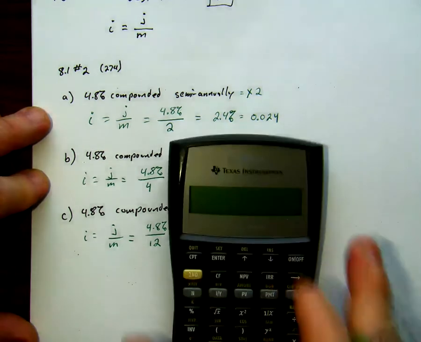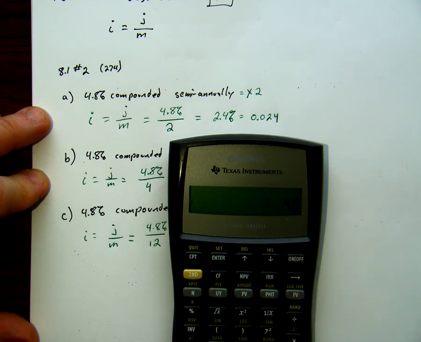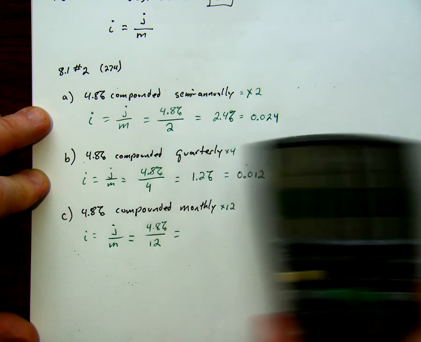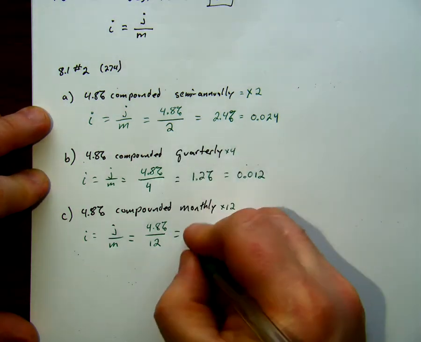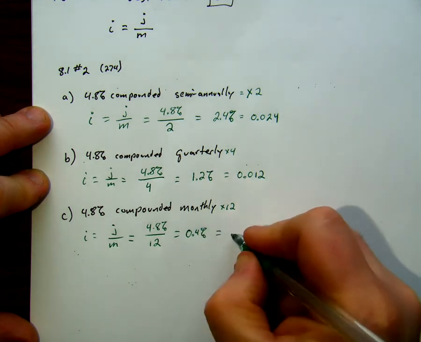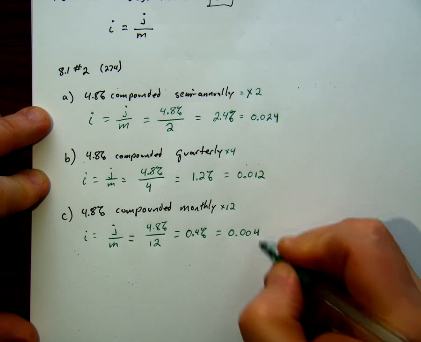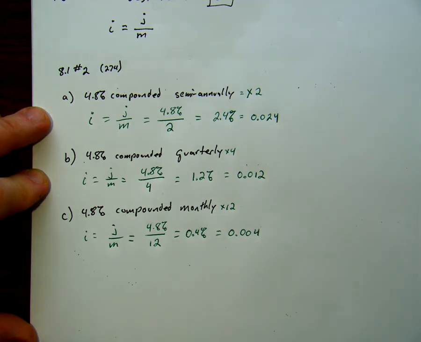For this one I'm going to get a calculator out: 4.8 divided by 12 is 0.4%, which is equal to 0.004 as a decimal.